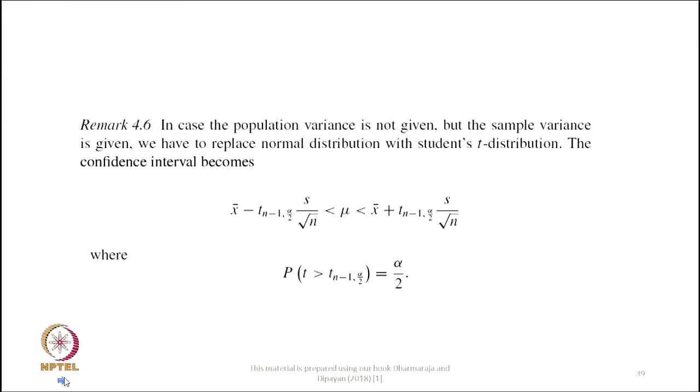You have to identify another statistic, which I have also explained in the sampling distribution, that is x bar minus mu divided by s divided by square root of n. That is the t distributed random variable with n minus 1 degrees of freedom. So, you take that as a starting point.